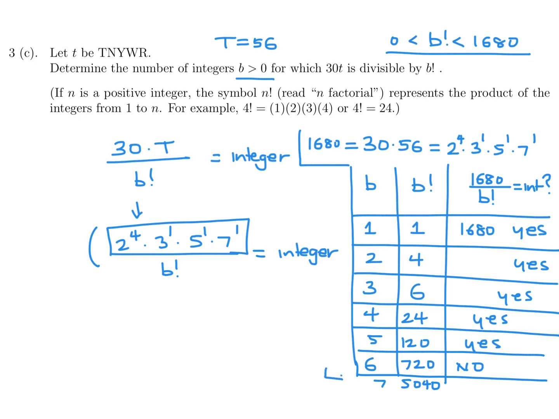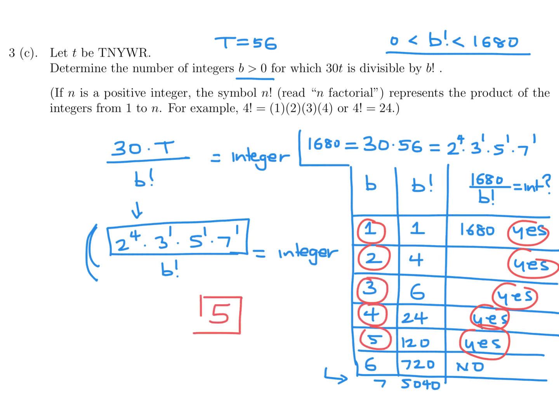At this point, once b is 7, then b factorial is larger than 1680, and therefore that would make this whole thing a fraction. So that means we only got 1, 2, 3, 4, 5 yeses, and therefore these 5 corresponding integers are the only ones for which the conditions of the question will be met. So the answer to this question, the number of integers, is 5.